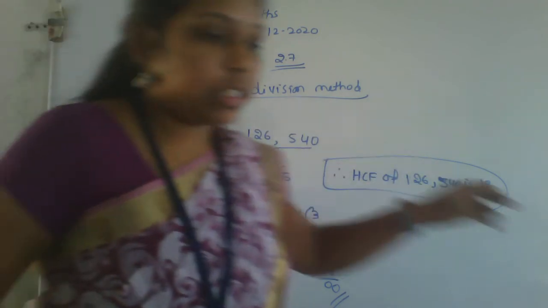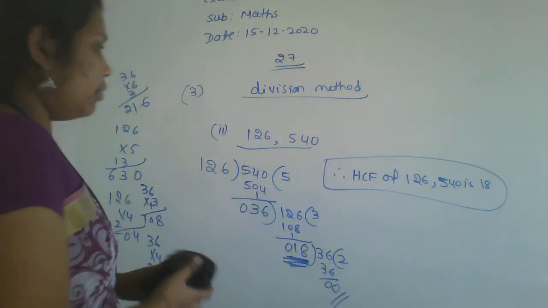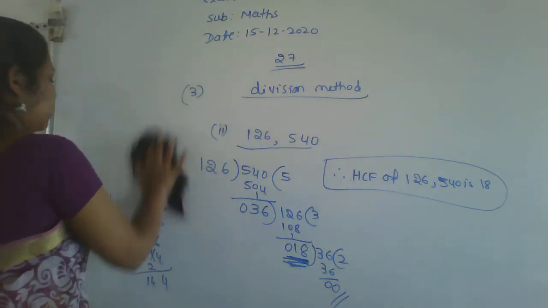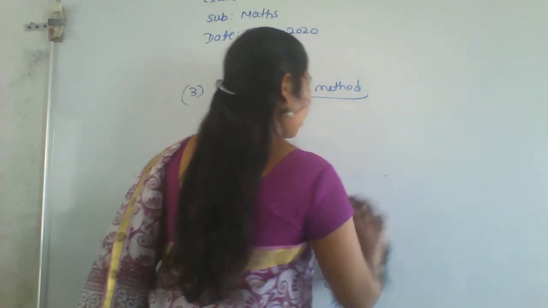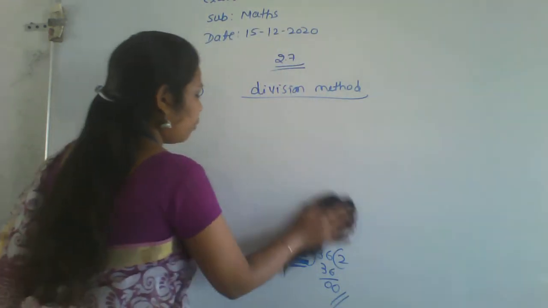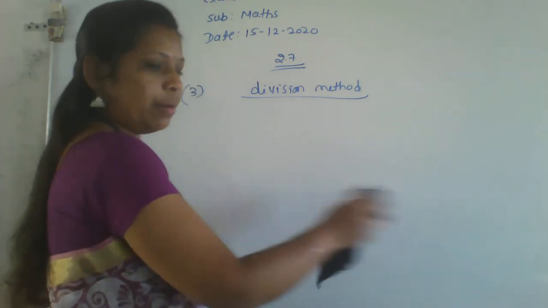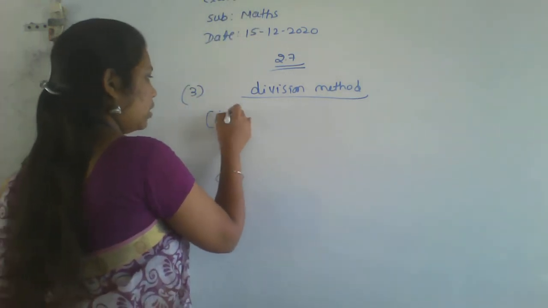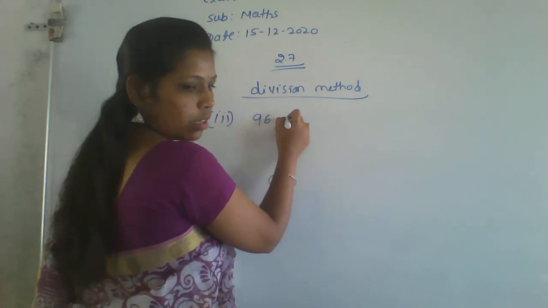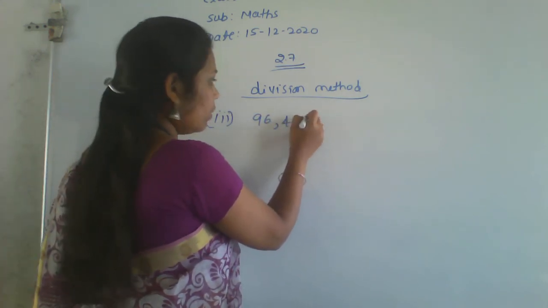Next, we'll see another problem. Do the third one. The third problem is 96 comma 424.